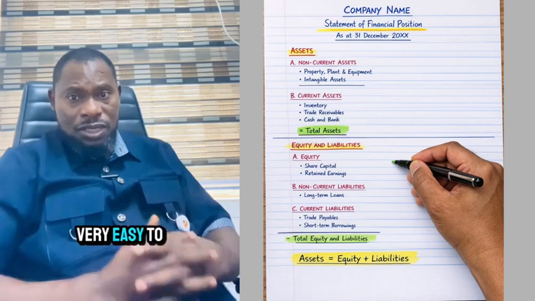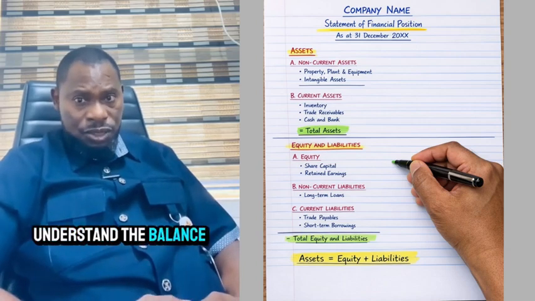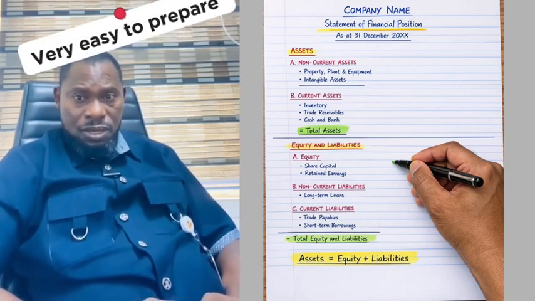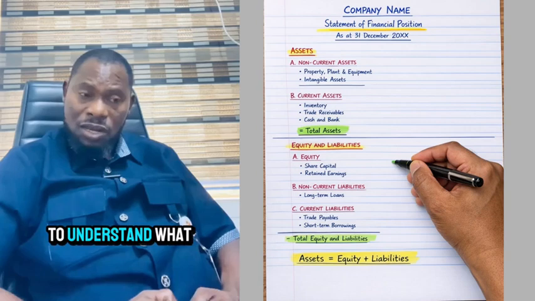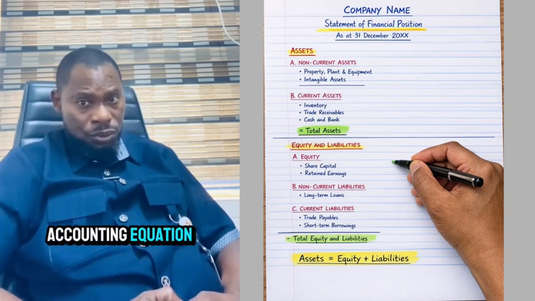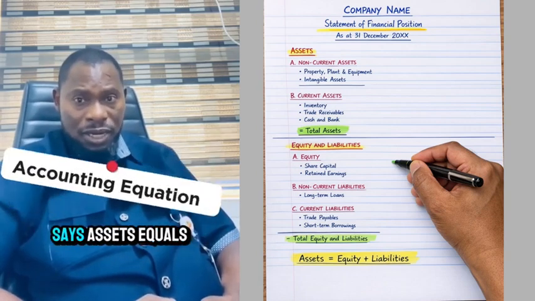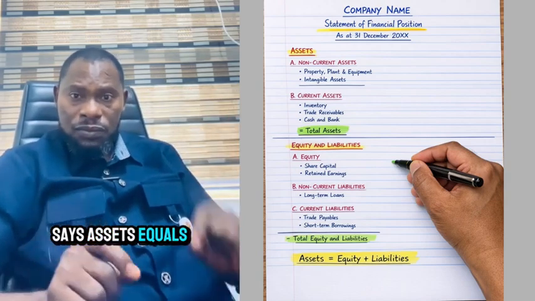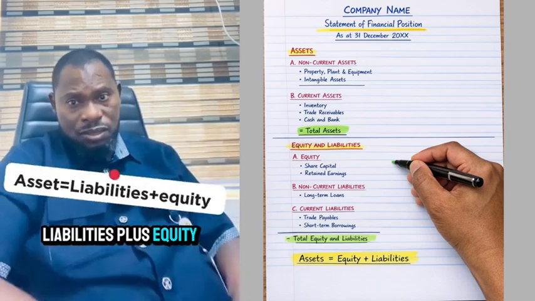So it is very easy to understand the balance sheet. It's very easy to prepare it. Firstly, you need to understand what we call the accounting equation. The accounting equation says assets equals liabilities plus equity.